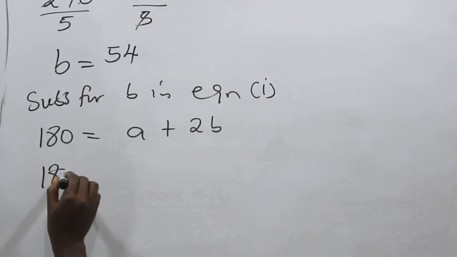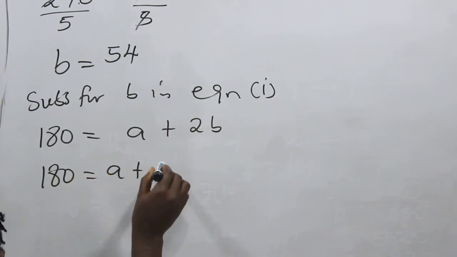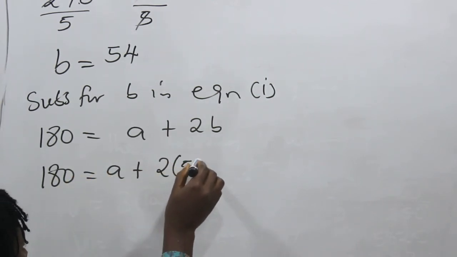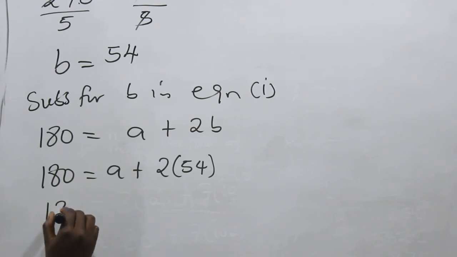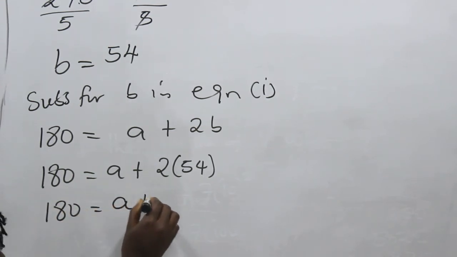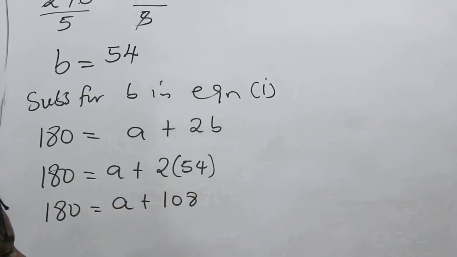So we have 180 equals A plus 2 times 54. If you multiply 2 times 54, you get 108. So we have 180 equals A plus 108. You're looking for A, you collect like terms.